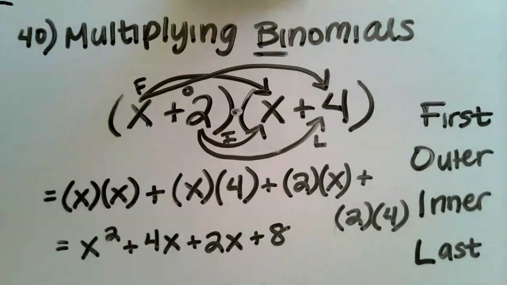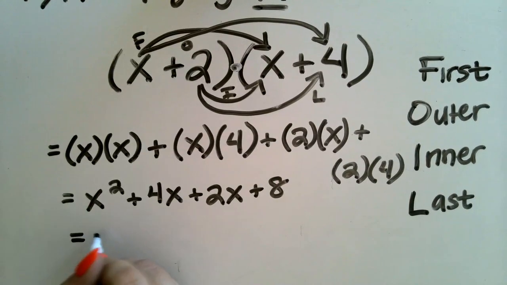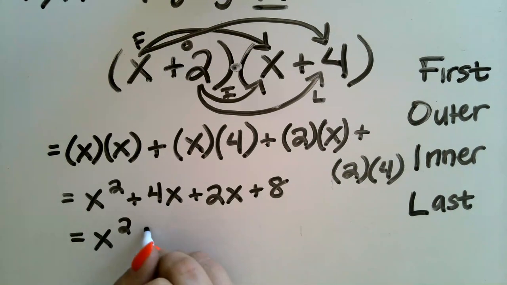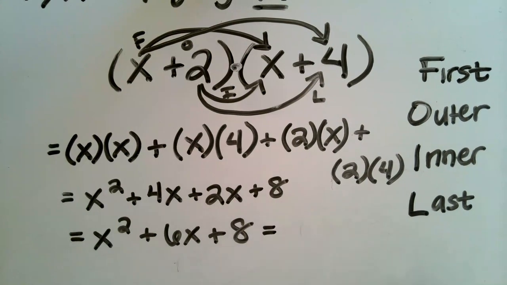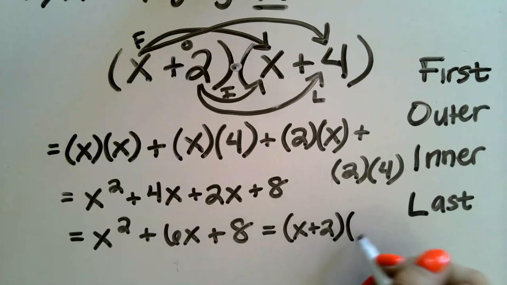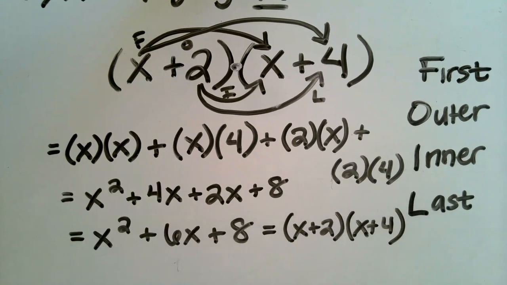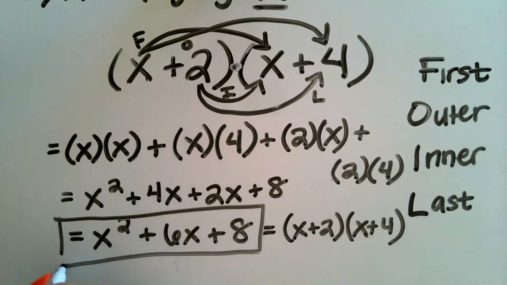Now, all we're left to do is combine like terms, which is x squared plus 6x plus 8. So we know that x squared plus 6x plus 8 is the exact same thing as x plus 2 times x plus 4. We just multiplied, we foiled those binomials together.